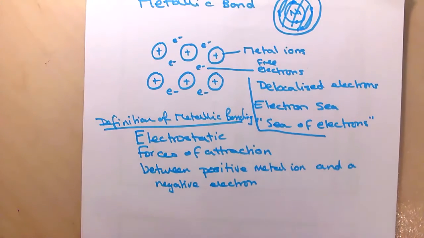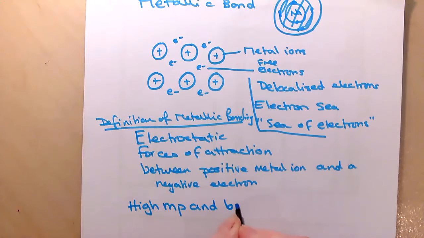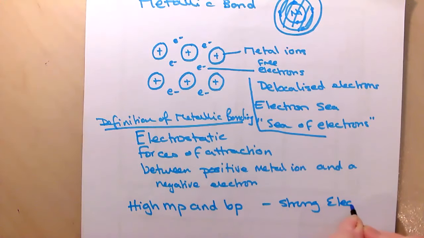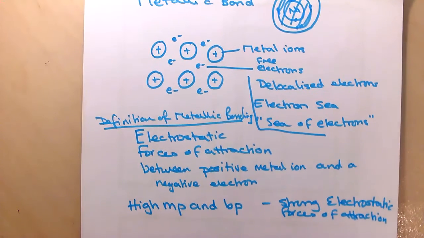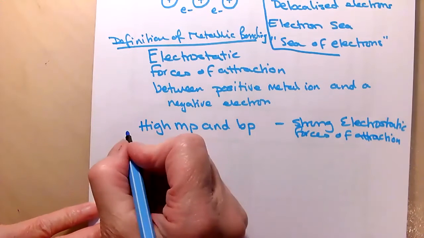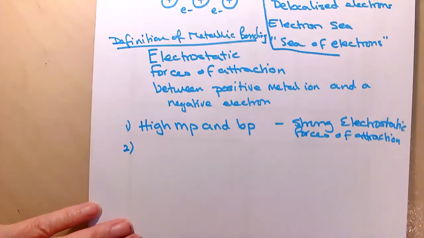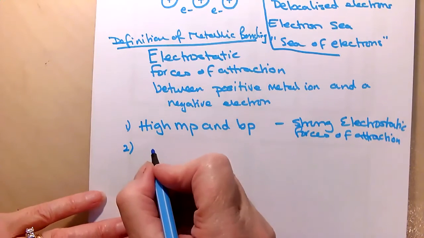Which is great. So we know that metals have a high melting point and boiling point, and that's because of the strong electrostatic forces of attraction. So that's one thing we know about them. The second thing that we know about metals is they're very good at conducting electricity.